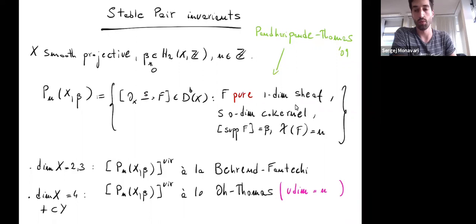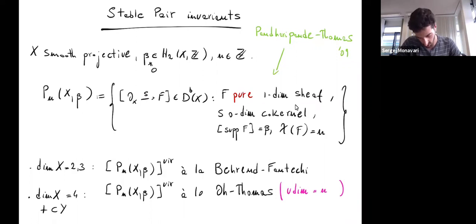Which requirements are we putting on these objects? We want F to be a pure one-dimensional sheaf, and we want the one-dimensional support to be in the class beta that we fixed. And for a finiteness condition, we also fix the holomorphic Euler characteristic. It may seem a weird moduli space, but let me give what I like to be the prototype of these pairs.